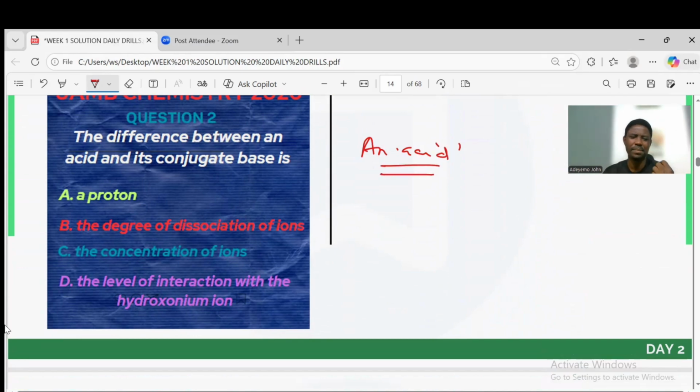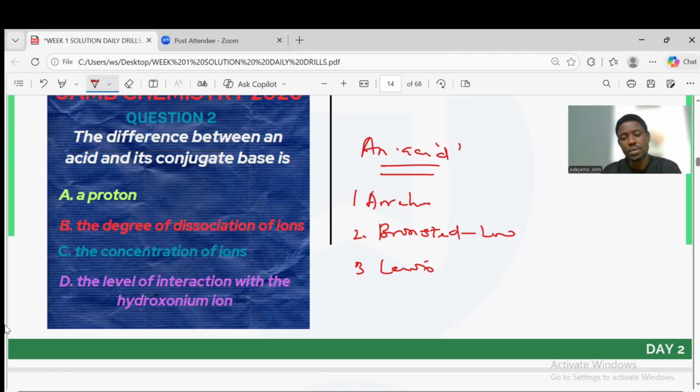You ask me which method, which law, which principle we are following to define the acid, because we have the Arrhenius, the Bronsted-Lowry concept, and the Lewis concept. When you say an acid is a substance which dissolves in water to give hydrogen ion or hydronium ion, you're actually talking about Arrhenius.